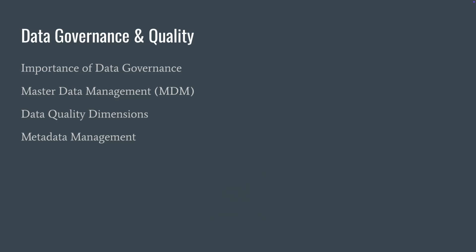We talk about accuracy when data values match the real world or source systems. When data is up to date, that is timeliness. And when data does not conflict across different systems or tables, we refer to that as consistency.